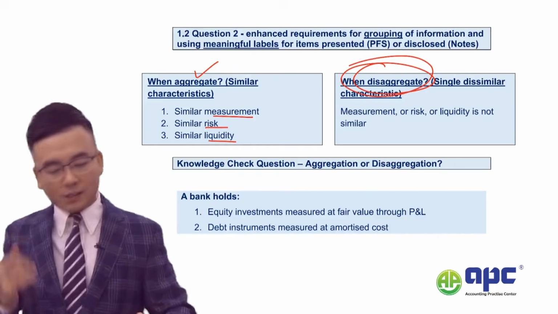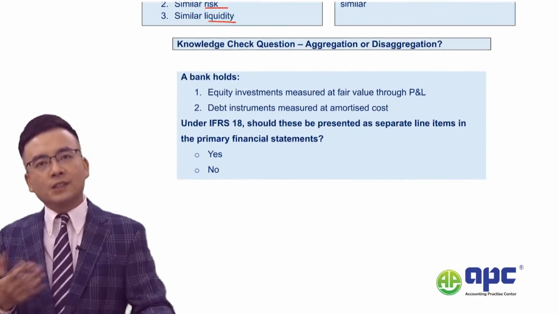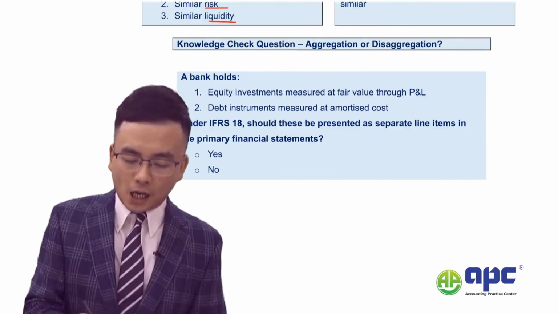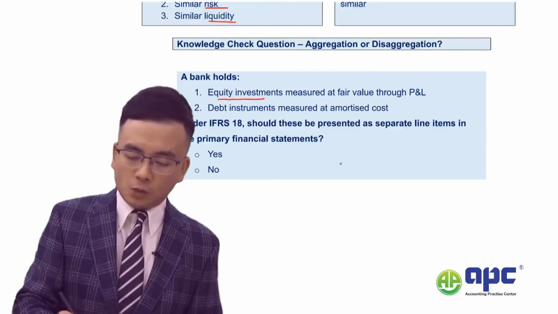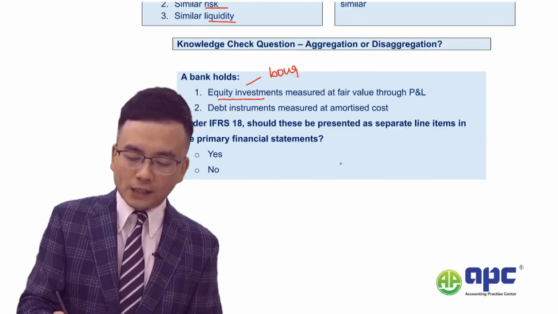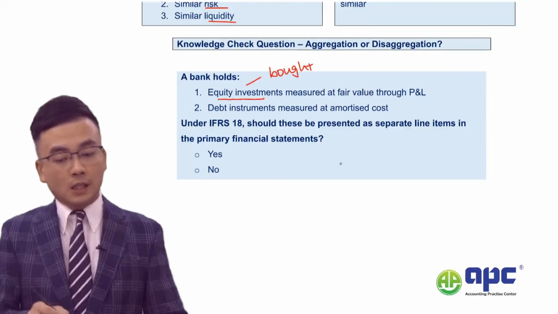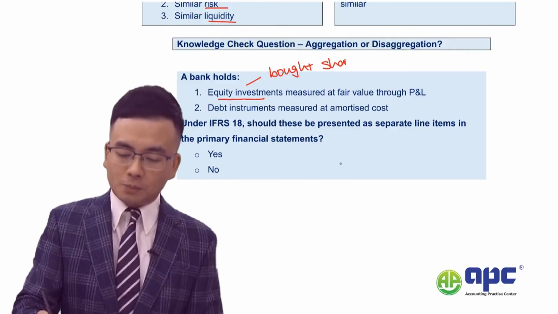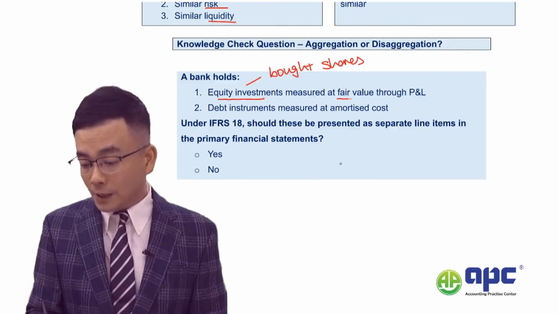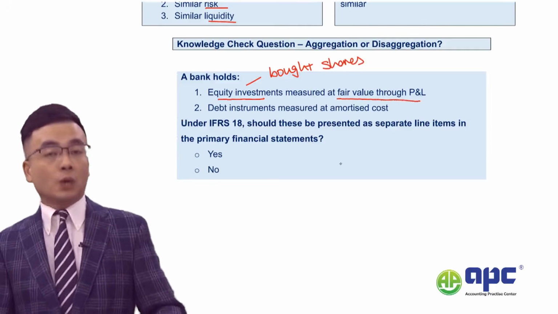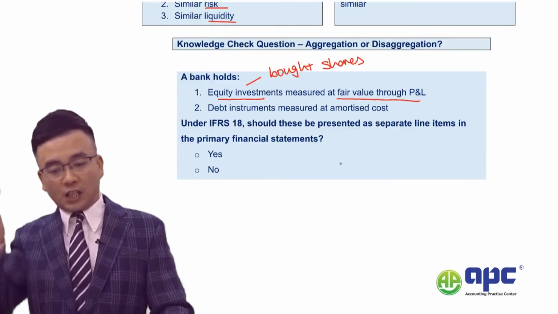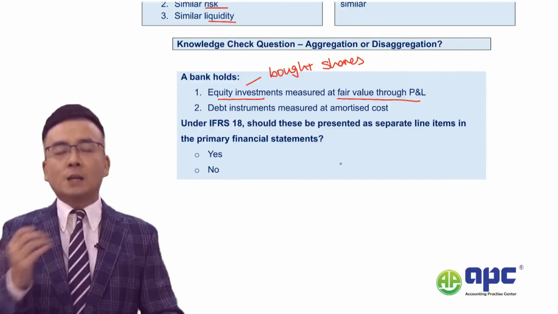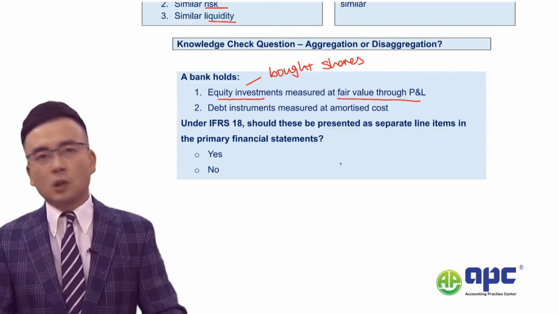Now, the best way I like to show you is to think about the retail bank. It holds equity instruments, which means it bought shares in other companies, and it valued them at fair value through P&L. So in other words, the market price changes for those shares, we directly put into the statement of profit or loss.